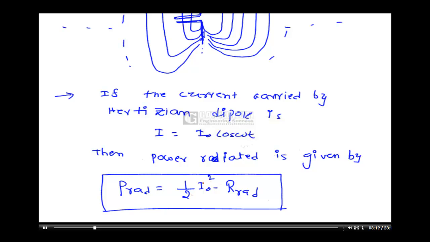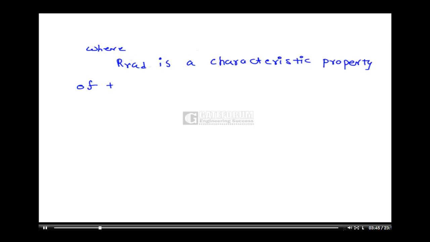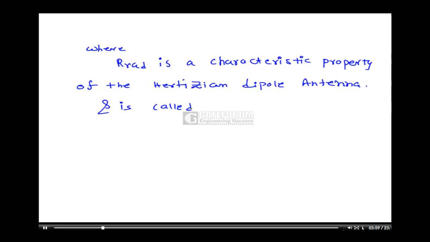So what is this R radiated? We will see. R radiated is a characteristic property of the Hertzian dipole antenna, and is called radiation resistance.